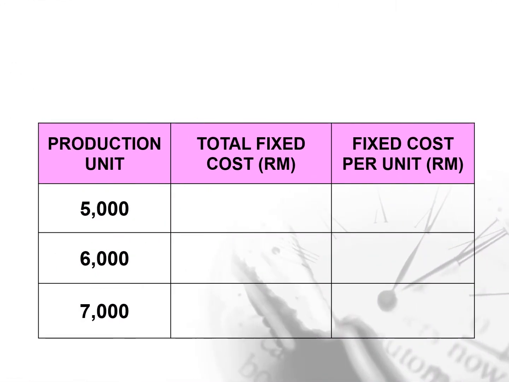As we know, the total fixed cost is the same at any production unit. So, the total fixed cost is 15,000 ringgit for production units of 5,000, 6,000, and 7,000 units.